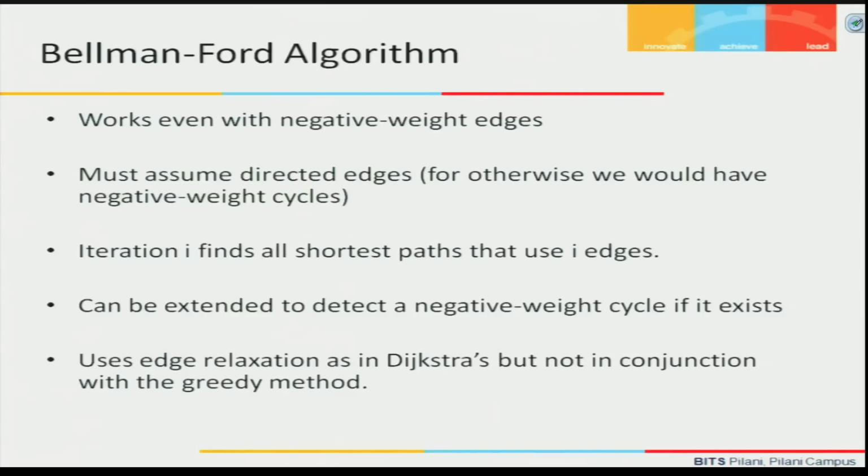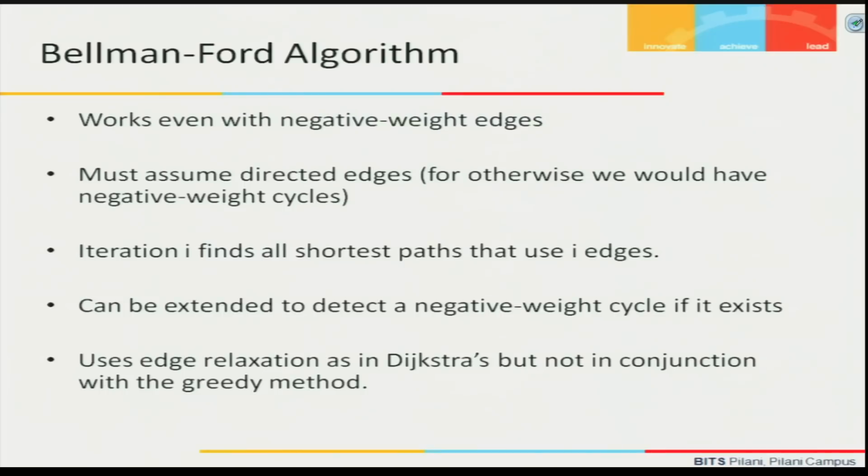The Bellman-Ford algorithm computes the length of the shortest path if there are no negative weight cycles, and it can be extended also to detect a negative weight cycle. That means the Bellman-Ford algorithm will return either the shortest distance between the source and the destination, or will say that there is a negative weight cycle in the graph.